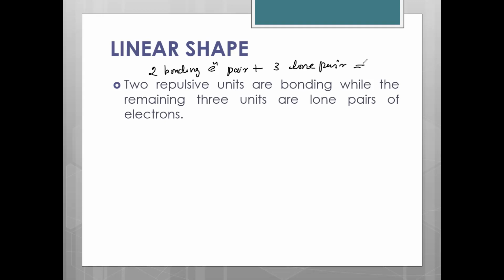So altogether, it will give five repulsive units. Right? Okay. So from this, you can definitely see what should be the possible one. So I will explain to you. The two bonding electron pairs and three lone pairs.